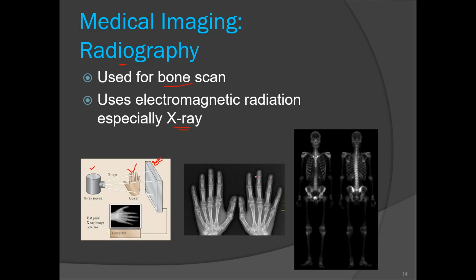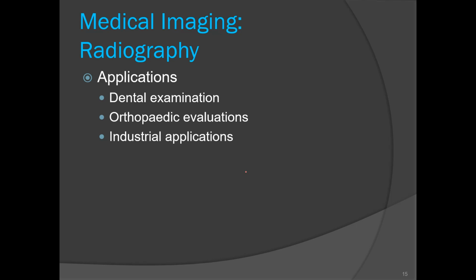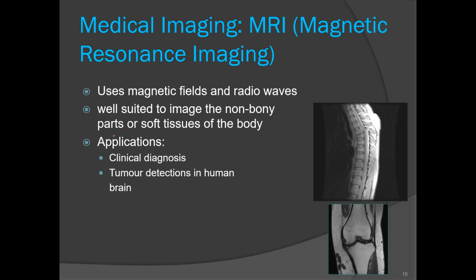So these are a few examples of X-ray images. Now what are the applications of radiography? It is used for dental examination, then orthopedic evaluation, like detection of fractures, and along with these medical areas, it is also used in industry applications for inspection.